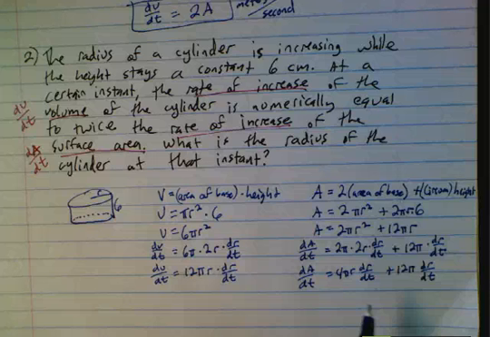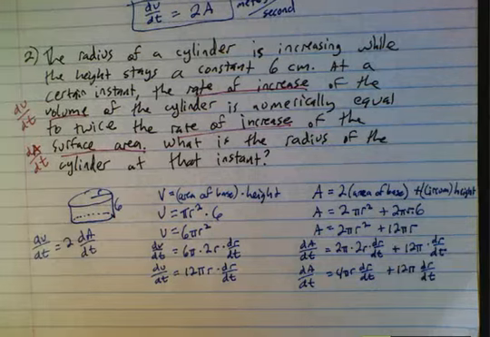So we actually want to find the radius, so somehow we've got to get down to one equation with just an r in it. And we know that the dV/dt is twice dA/dt. So dV/dt equals 2 dA/dt.